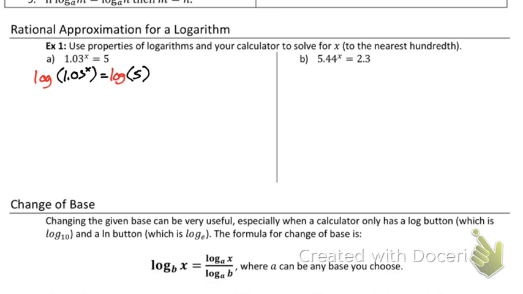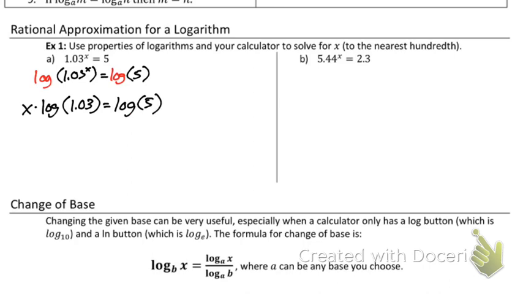Instead, I'm going to take this itty-bitty x and throw it outside, because I can use my power property. I'm just going to carry it outside to get x times log of 1.03 equals log of 5. Remember, there's a multiplication there.